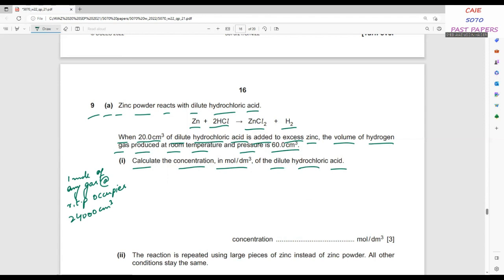So what will be the moles for 60 centimeter cube? We will divide 60 by 24,000. 0.0025 moles of hydrogen.